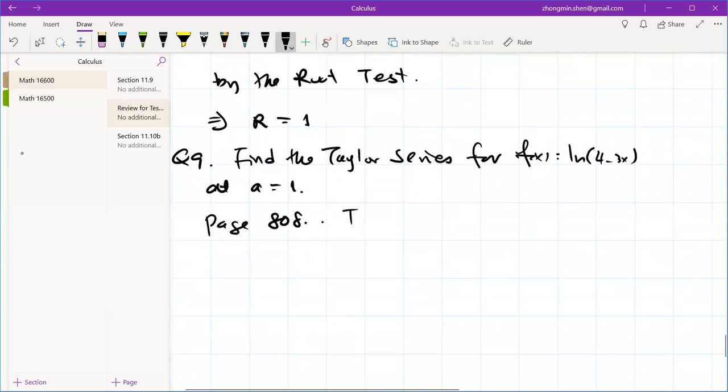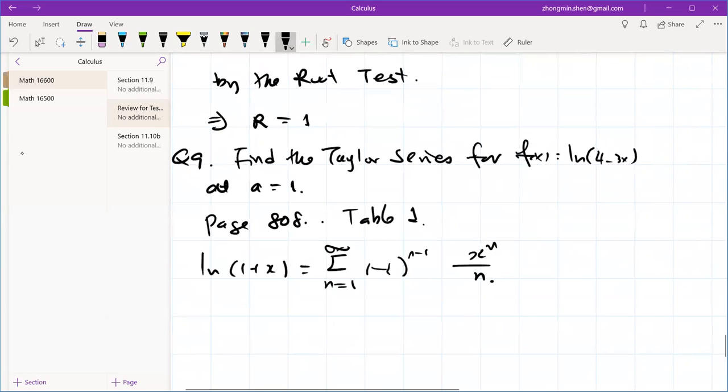Okay. Table 1. So I see there's natural log of x there, right? So let's recall the formula. So this is going to be the sum of negative 1 to the n minus 1, x to the power n over n.